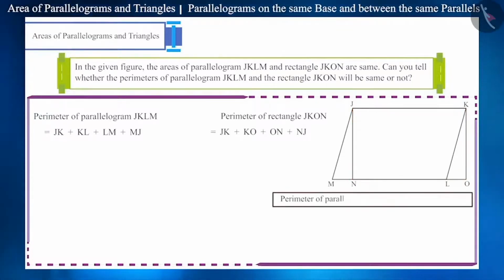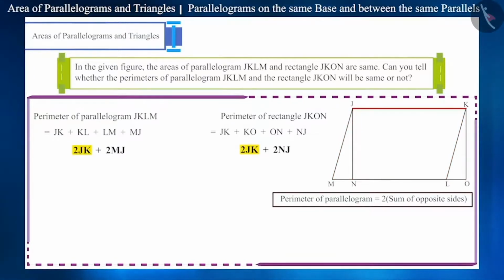Friends, the formula for the perimeter of a parallelogram is 2 times the sum of opposite sides. And since the opposite sides of the parallelogram are equal, we can write it like this also. For parallelogram JKLM as 2JK plus 2MJ, and for rectangle JKON as 2JK plus 2NJ.